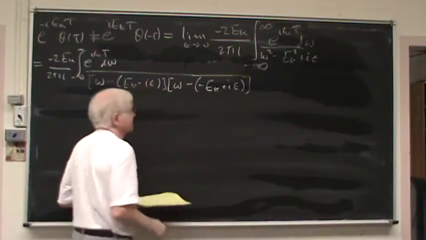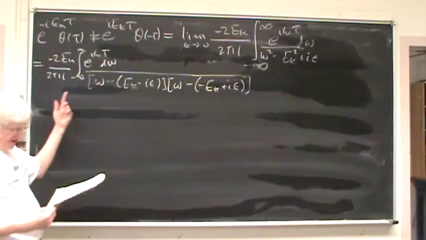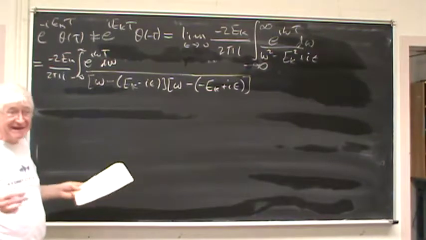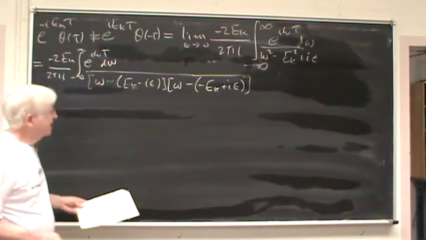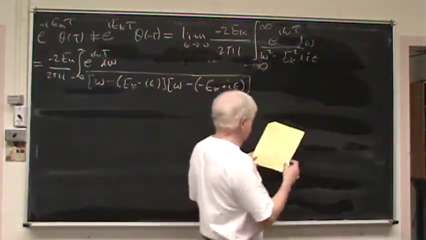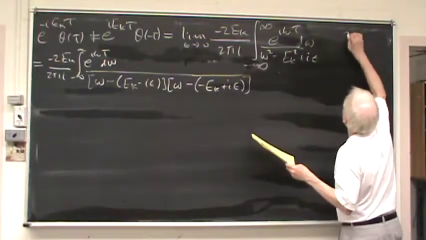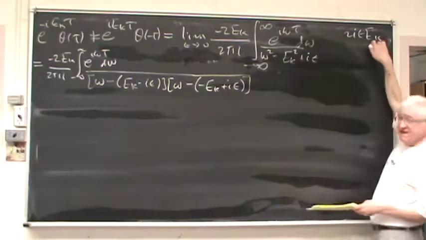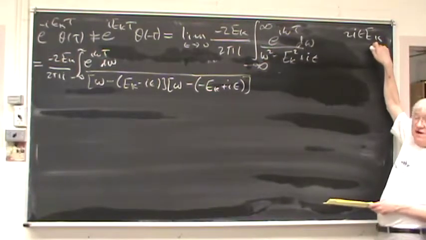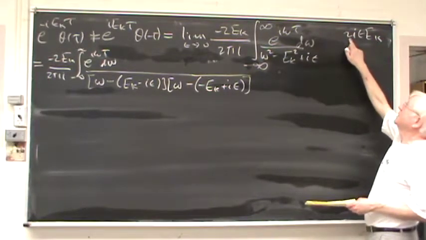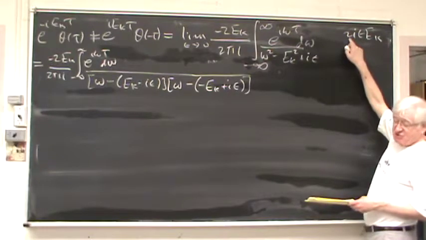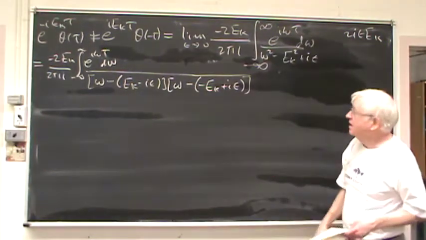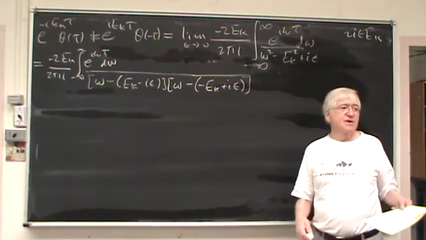Okay, now why is this okay? Well, if you multiply that out and look at the terms that are linear in epsilon, they are 2i epsilon ek. But ek is positive, and so we think of 2 epsilon ek as a small positive number, and the epsilon squared term we just ignore.